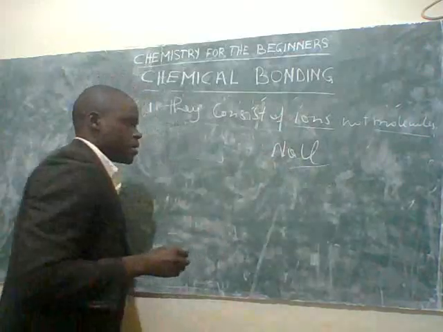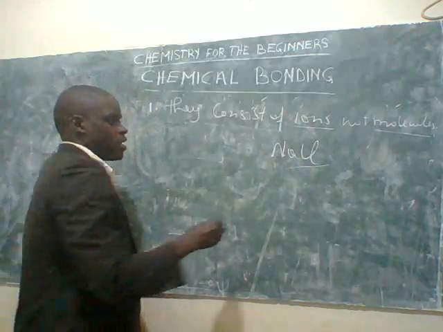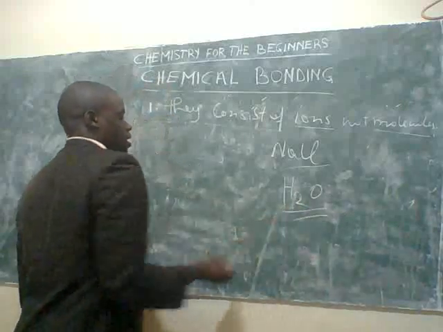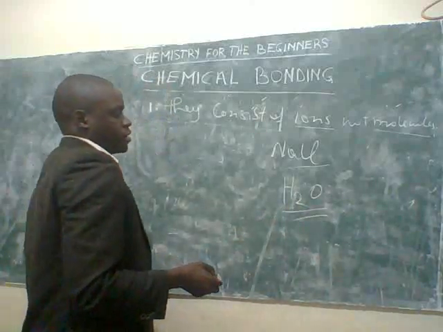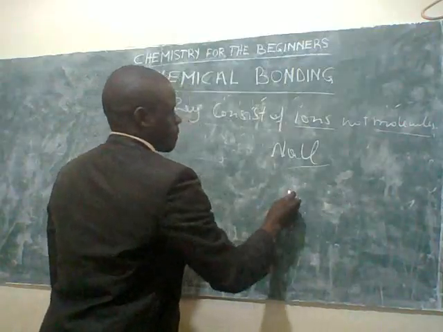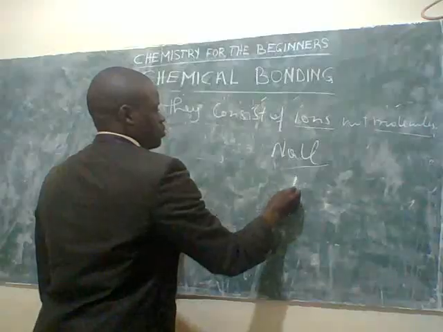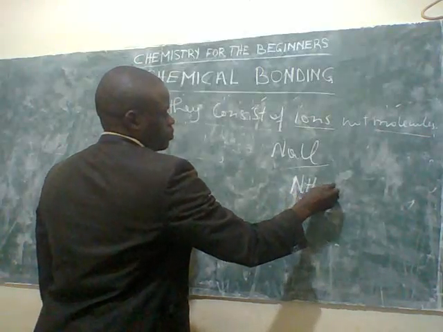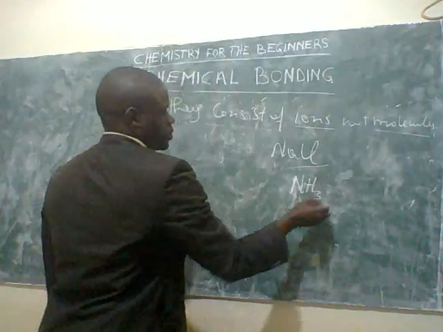Sodium chloride is ionic, and then we compare with ammonia.